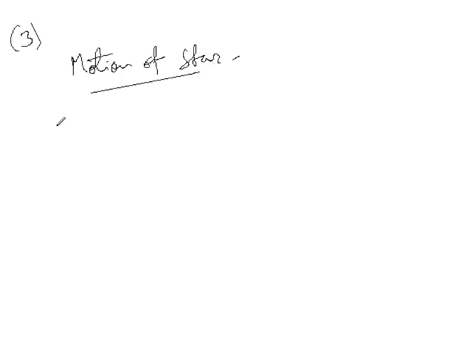Okay. It is interesting to note that we can also get information from the spectra about the motion of stars. It is very exciting. You just observe the spectra and you can get an idea about the motion of the stars.